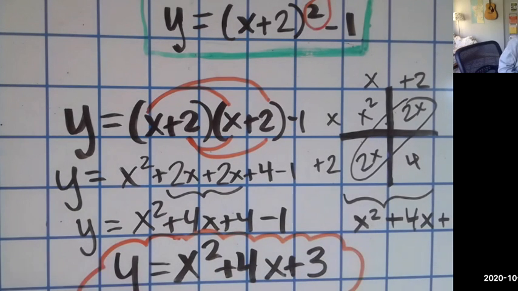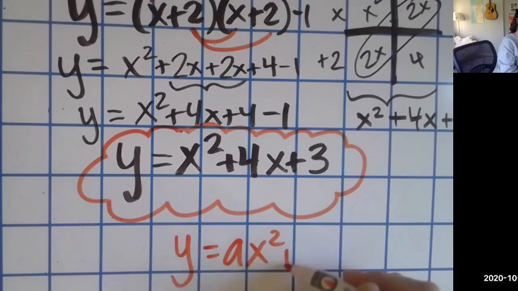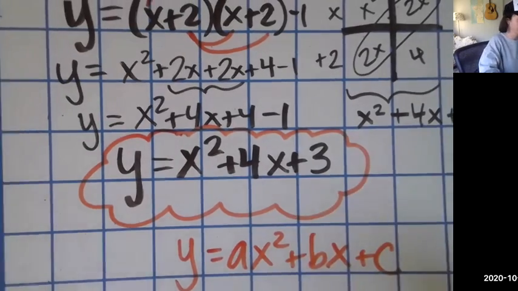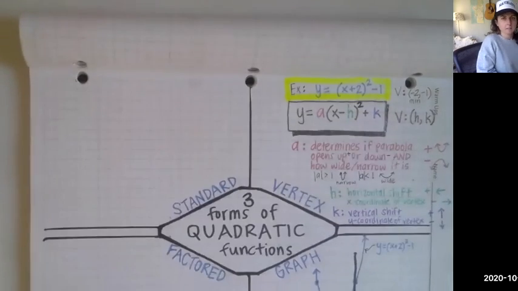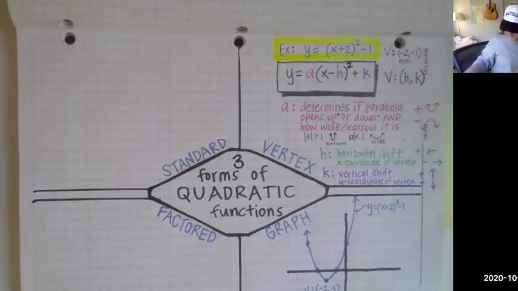Because general standard form is y equals ax squared + bx + c. And we're going to get this in our notes now. Going back here, the new example that we can write down was what we just multiplied together.